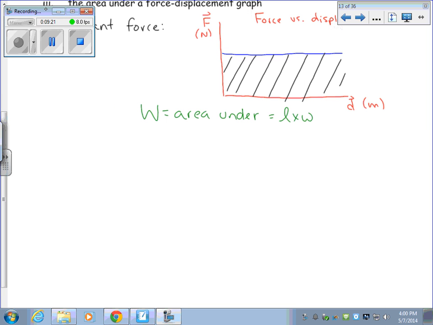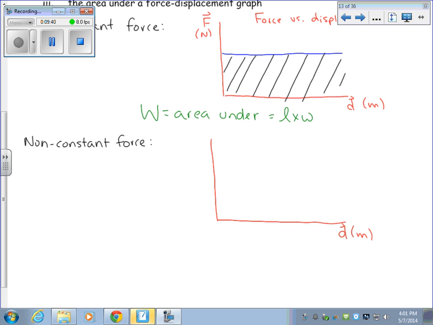So then if you have a non-constant force, the graph will look a little different. This is just one example of what this graph can look like. There's other ways that this can look. But basically, it means that your force, the graph of force, is changing.